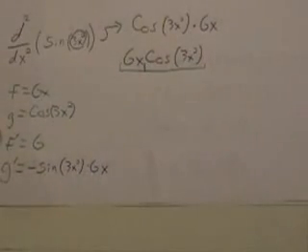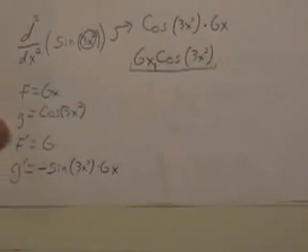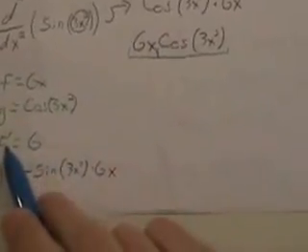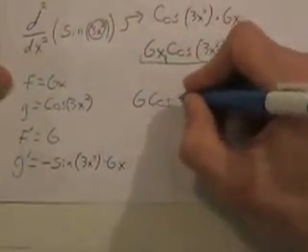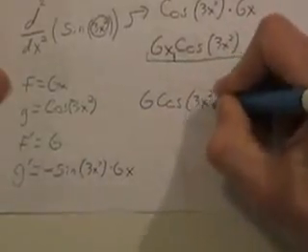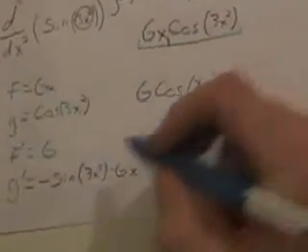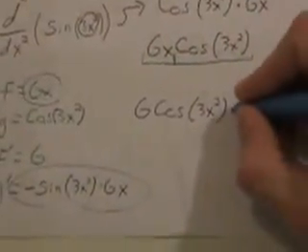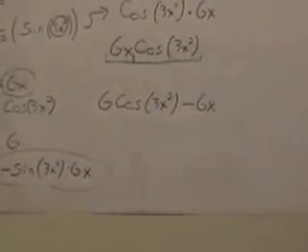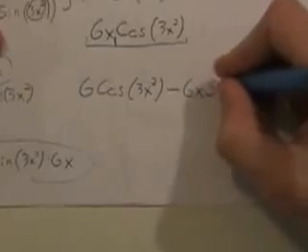So when you go to write that all out, you assemble it: f prime g, so 6 cosine of 3x squared, plus g prime f, so that'll really be a minus 6x sine.